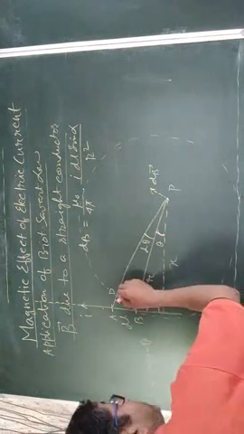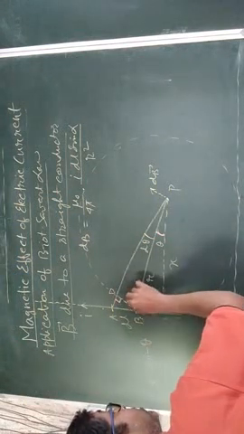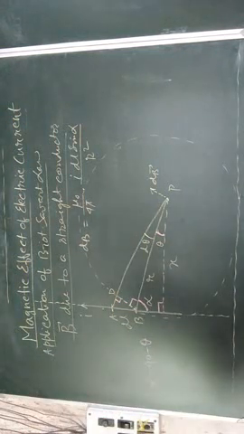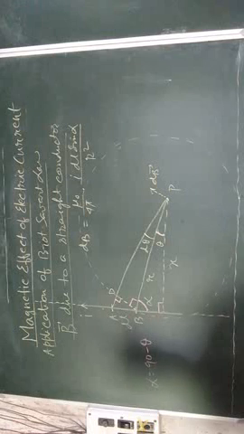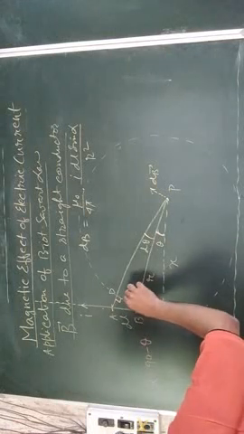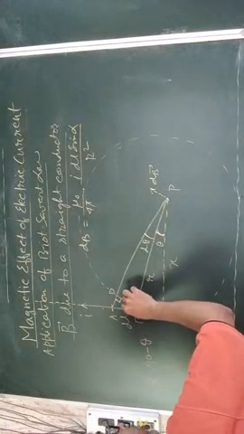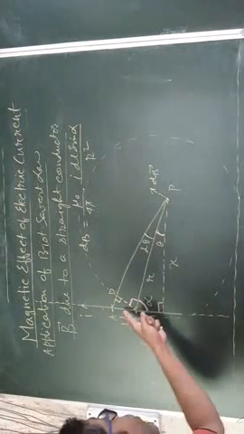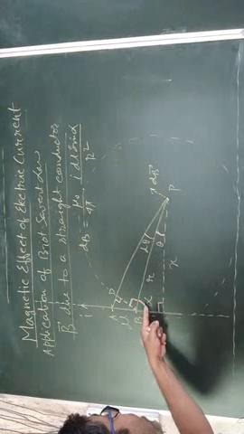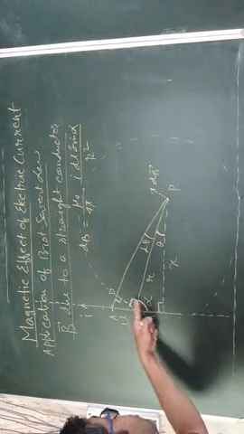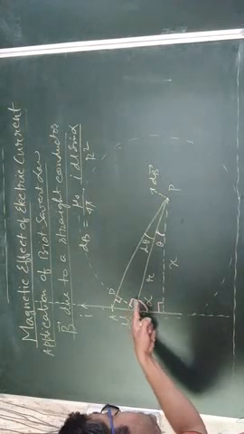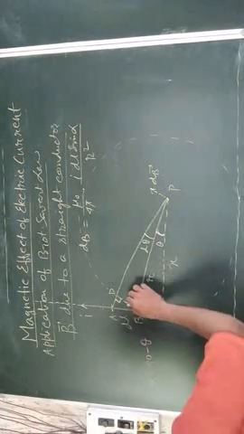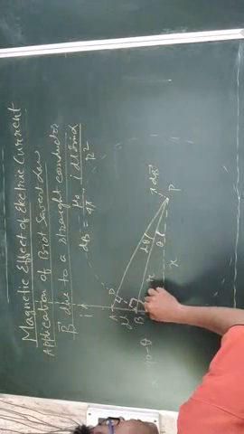That means if this is 90 degree, so this is also 90 degree. If the whole angle is 180 degree, out of that, this is 90 and this is alpha.